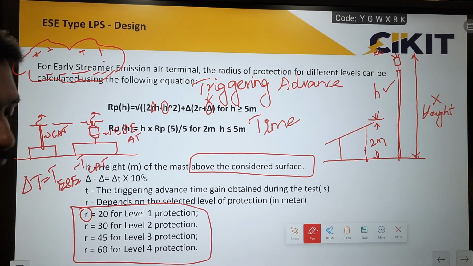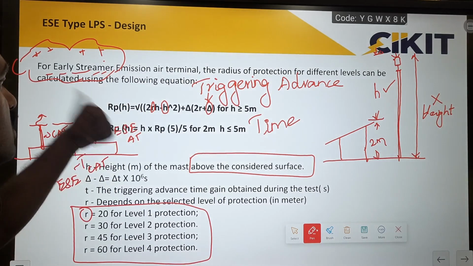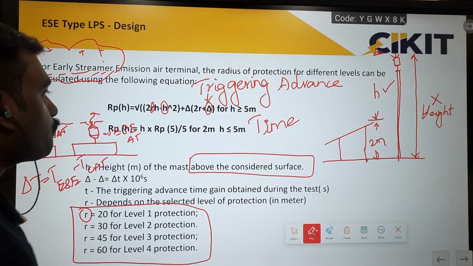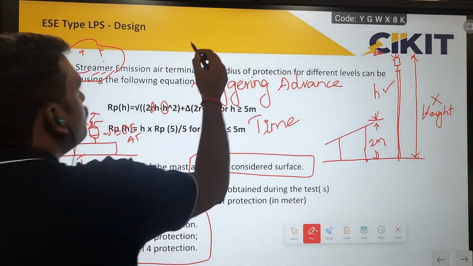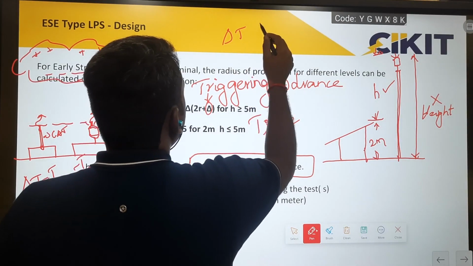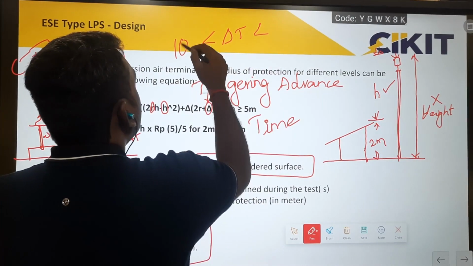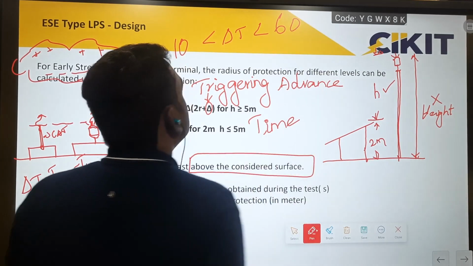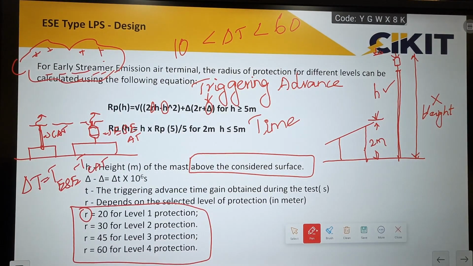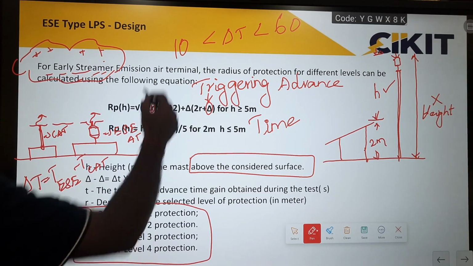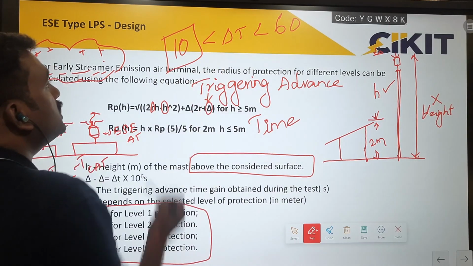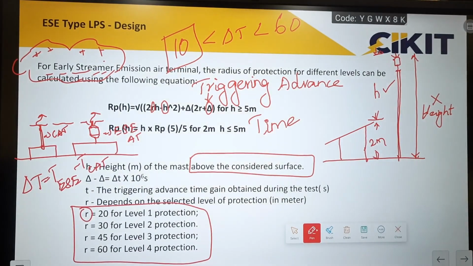Based upon the triggering advance time only, the radius of protection will vary. The standard has mentioned that the triggering advance time can be in the range of 10 microseconds to 60 microseconds only. If the triggering advance time of any product is less than 10 microseconds, then the product cannot be considered an early streamer emission air terminal.